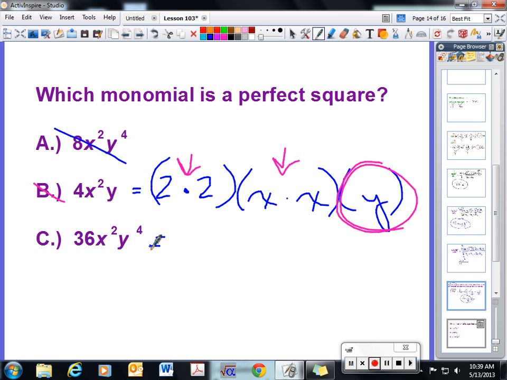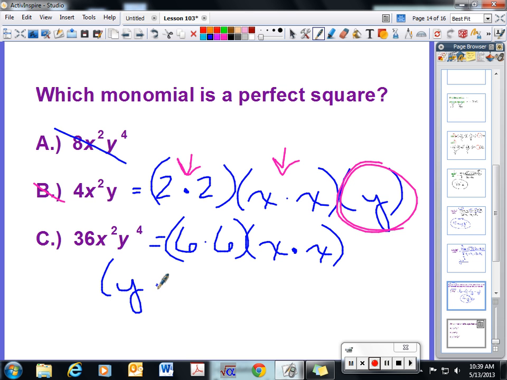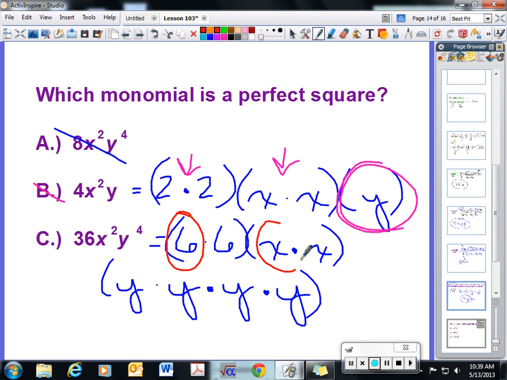We've got 6 times 6. We've got x times x, and we've got y times y times y times y. Alright, so if we take one of the 6's, one of the x's, and 2 of the y's, now I want to show you, they told us it's a perfect square if you've got an identical set of factors.